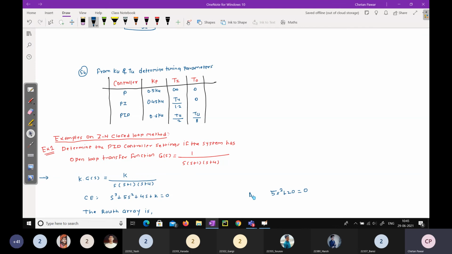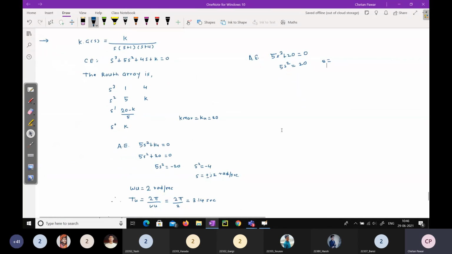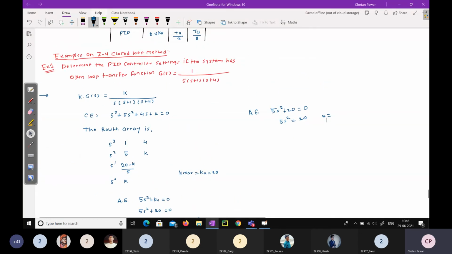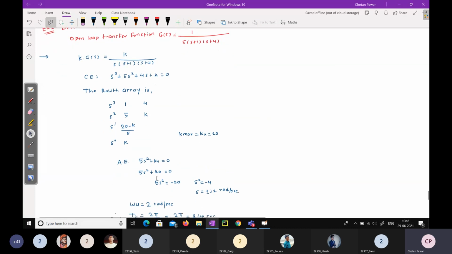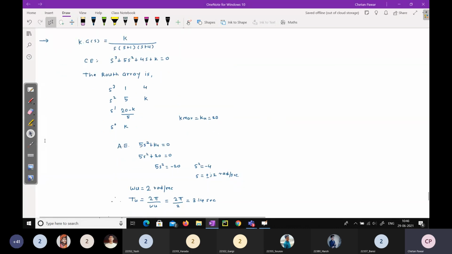I think this will be the auxiliary equation, right? Is it right? Okay, right. So the auxiliary equation is that.